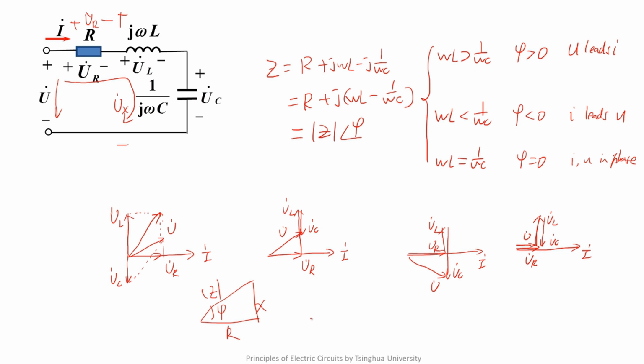According to such a definition on branch variables, we can draw the phasor graph UR, UX, and U. This graph implies that the circuit is inductive. U leads UR phi degrees. So these two triangles are similar.